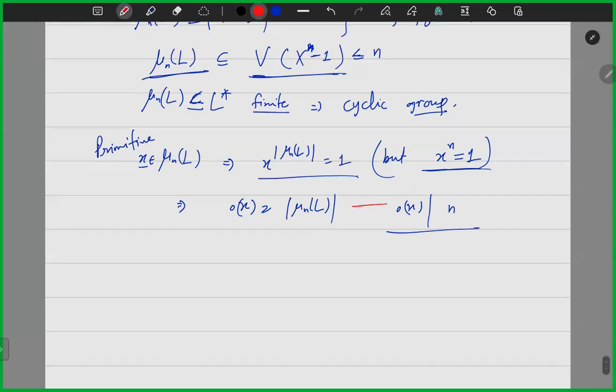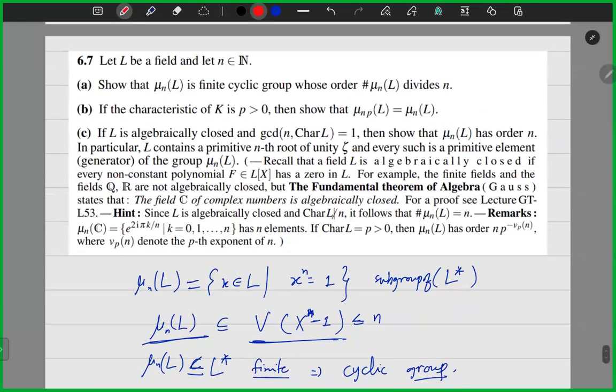These two things, this and this, give us the conclusion. So from this we conclude part A.